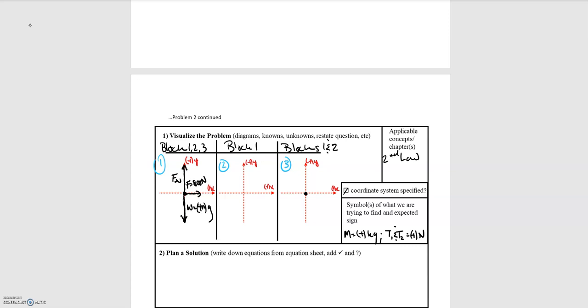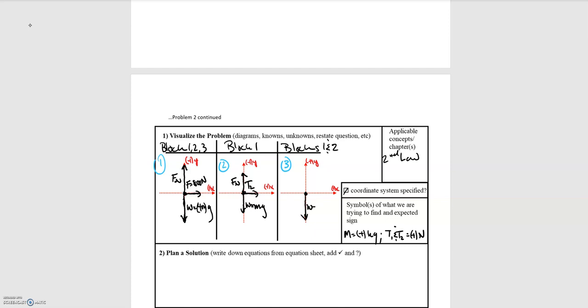For block 1, we have a weight force downwards, which is just equal to m times g. We have a normal force acting upwards that balances it. And then we have a force to the right from the cable, which is tension 2. And then for blocks 1 and 2 combined, we have a weight force downwards.